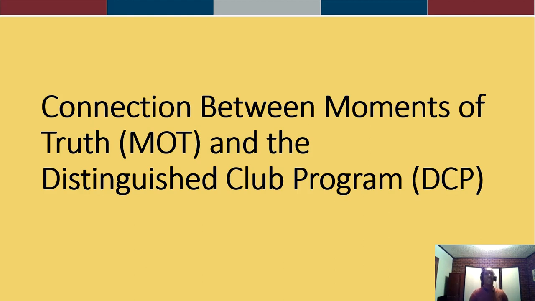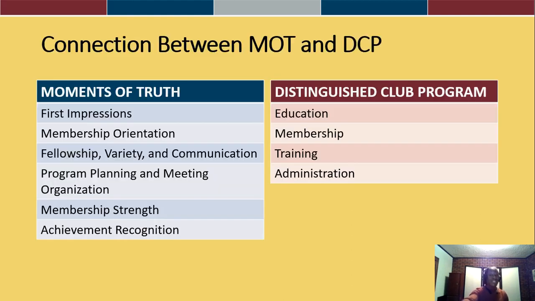So, a lot of information, and I recognize that this program was a little bit lengthier in content than our normal sessions, which means we're going to go just a few extra moments beyond our 8:30 time frame, and that's because I don't want to close out without ensuring that you know the connection between Moments of Truth and the Distinguished Club program. A lot is going on with Moments of Truth.